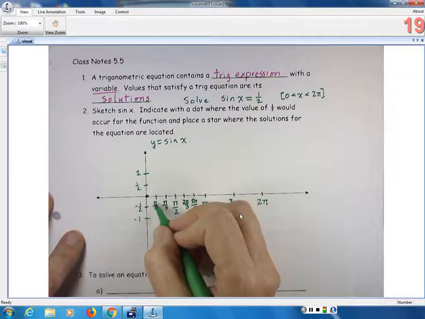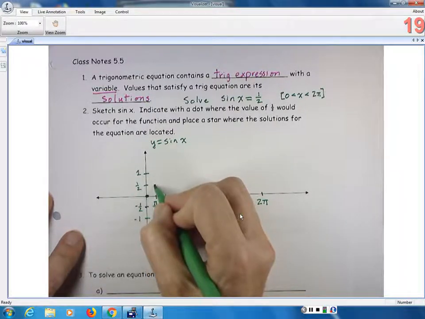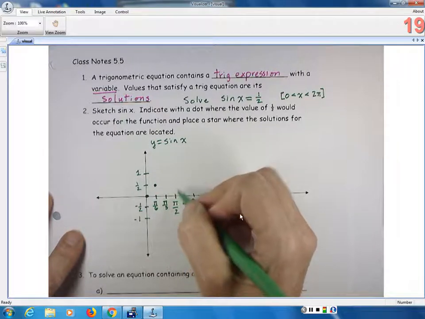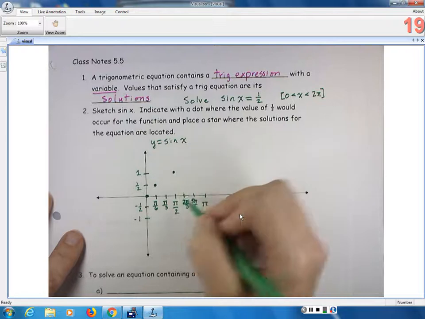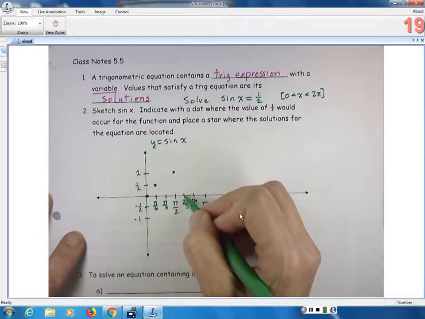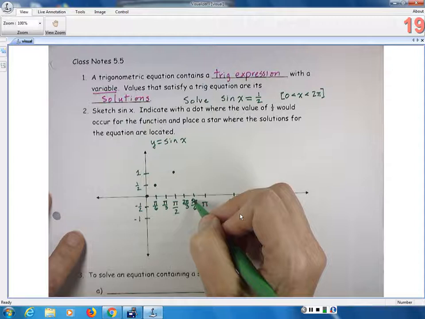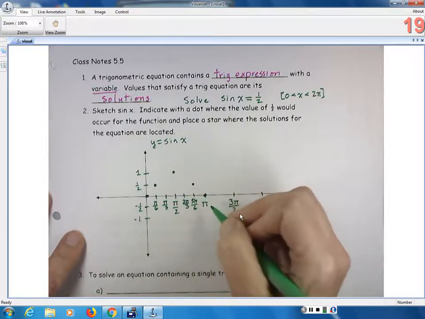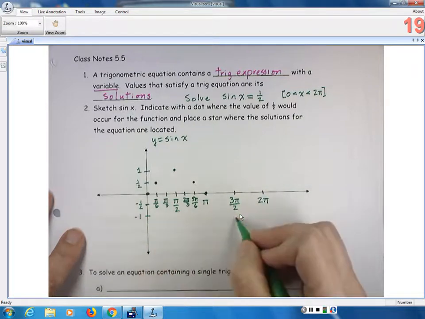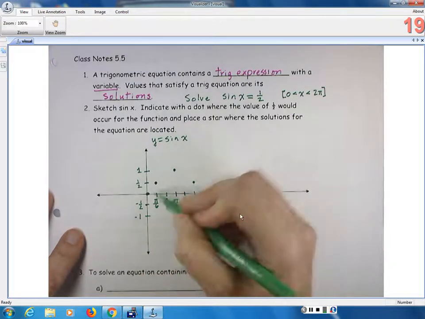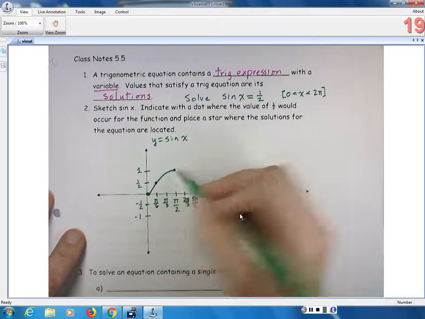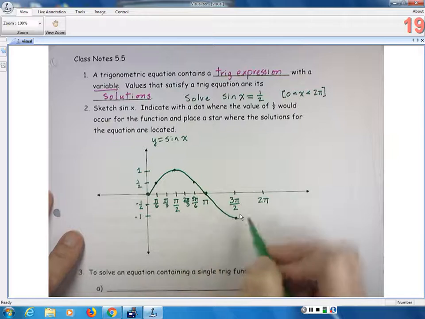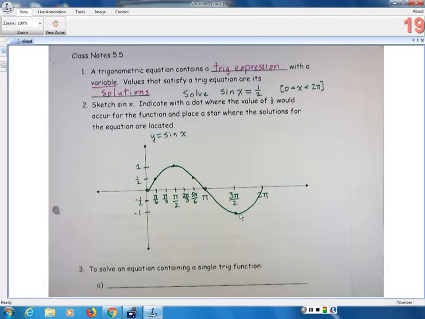At pi over 6, sine x actually equals 1/2. And at pi over 2, it equals 1. At 5 pi over 6, it's equal to 1/2 again. So it's a curve, not a straight line. Okay, there's our graph.